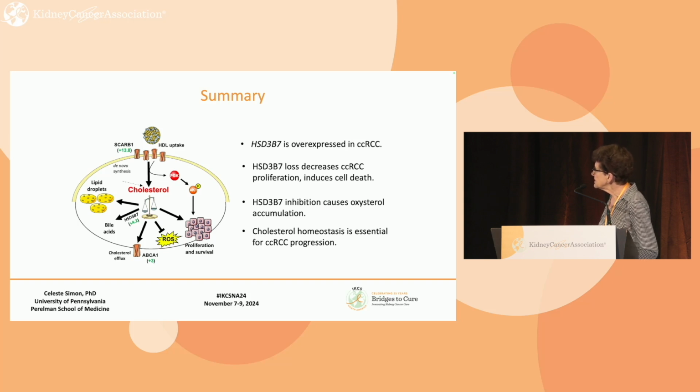If they lose it, it results in reduced proliferation and cell death because of a buildup of this lipotoxic compound, oxysterols, specifically 7-alpha hydroxycholesterol. This underscores the fact that cholesterol homeostasis is essential for renal cancer progression.